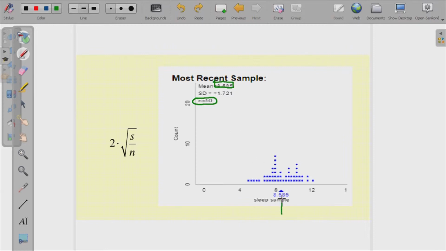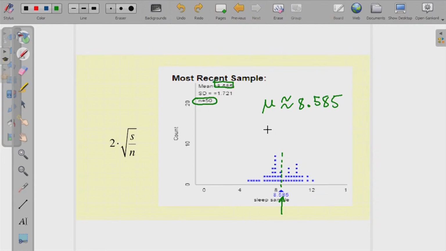We're going to say, okay, the population value is going to be somewhere around 8.585 hours. And are you certain that that's the exact population mean? Certainly I'm not certain. There is no certainty whatsoever about anything in statistics for the most part.